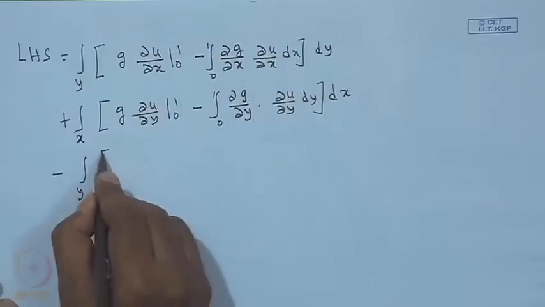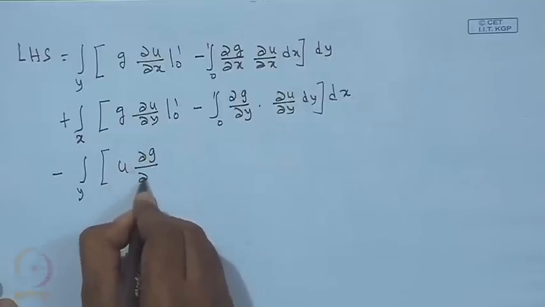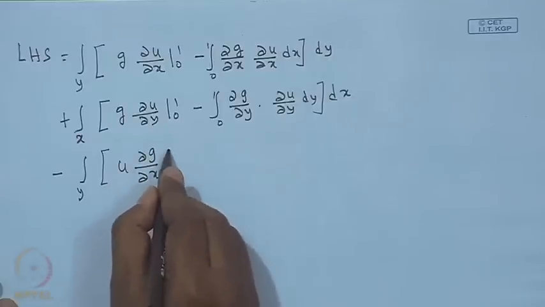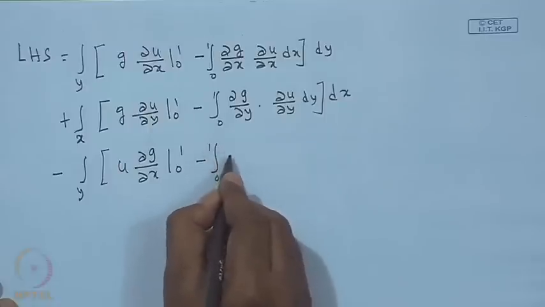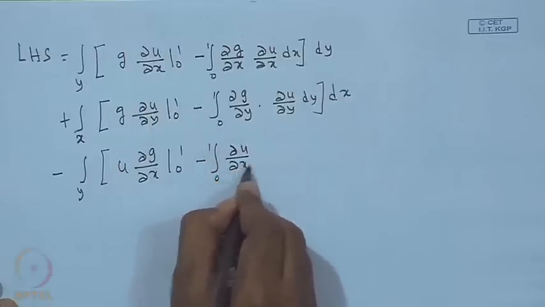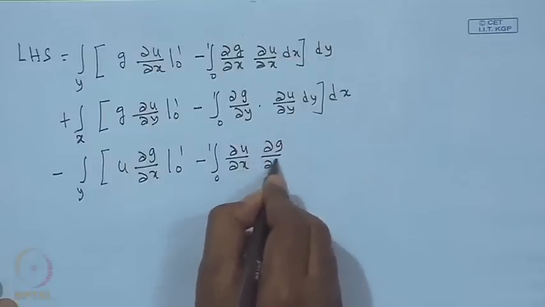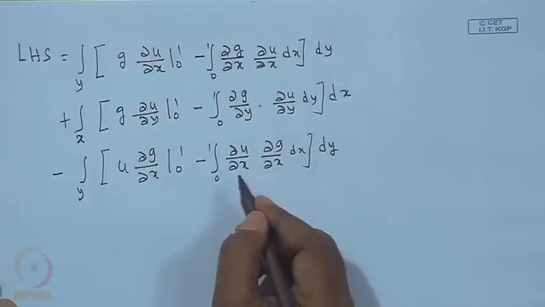So, this becomes u del g del x from 0 to 1 minus integral 0 to 1 del u del x del g del x dx, dy will be outside.